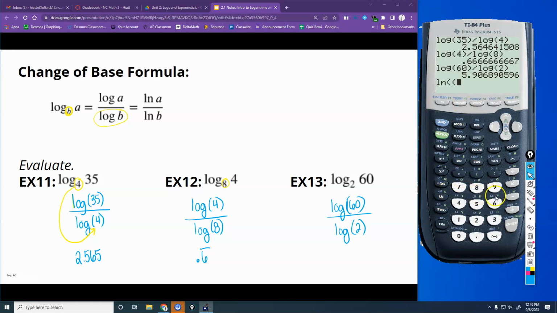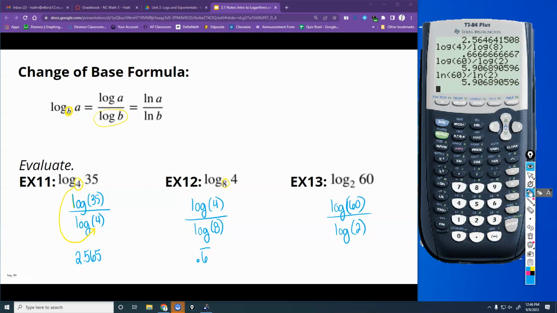So LN of 60 divided by LN of 2 is going to give you the same number. So you could actually use either one of those. And we're going to talk about what those are here in a second. 5.906. Okay. Questions so far?